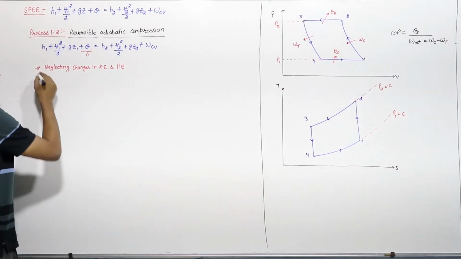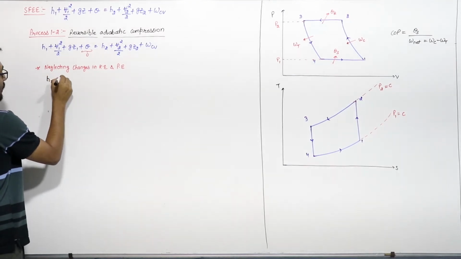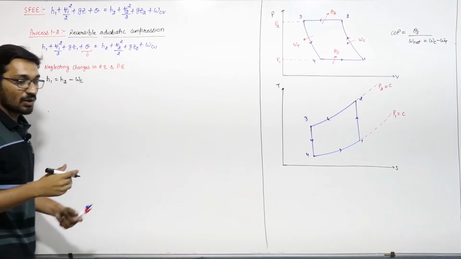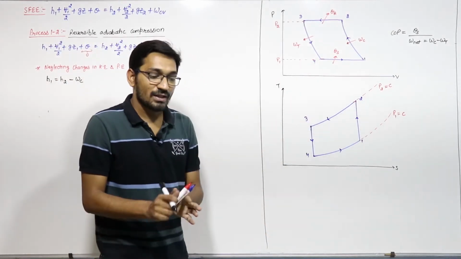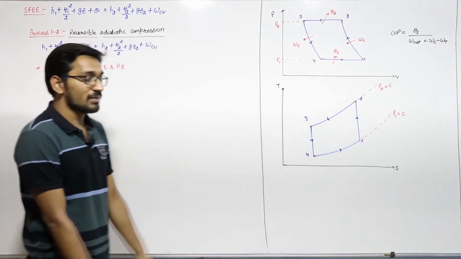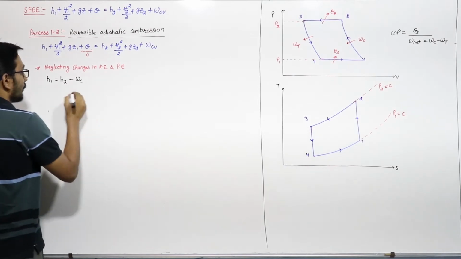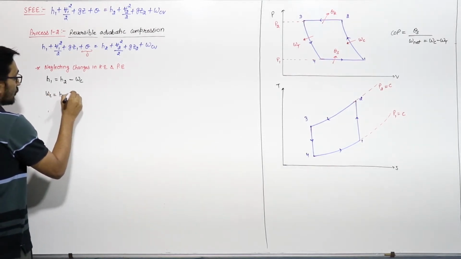So from here I can write h1 is equal to h2 minus W_C. Why minus? Because work is done on the system. If this compressor is your system, then we are doing work on the system, so work done on the system will be negative. So from here you can write W_C is equal to h2 minus h1.